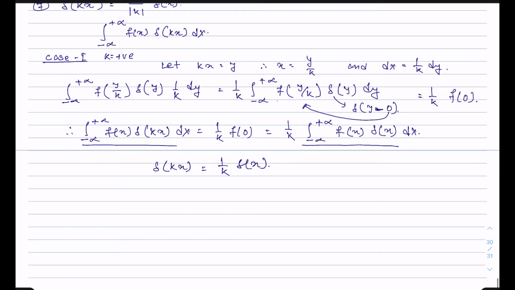Now let's consider k as a negative quantity. So case 2, k is a negative quantity.